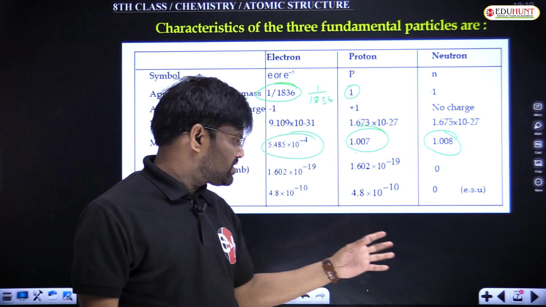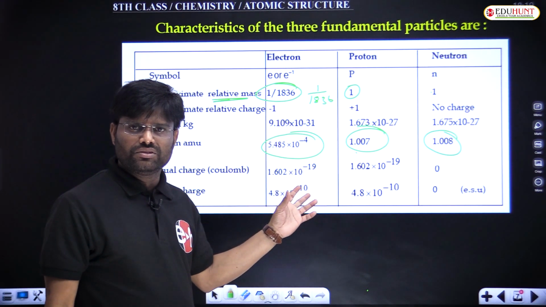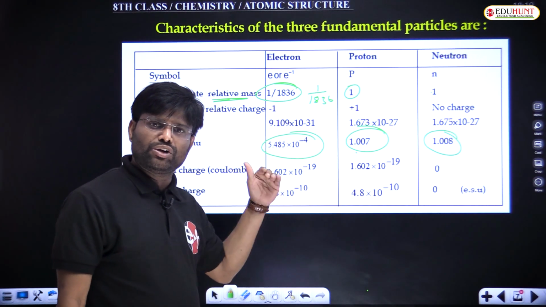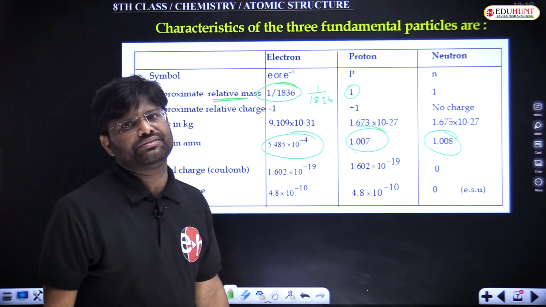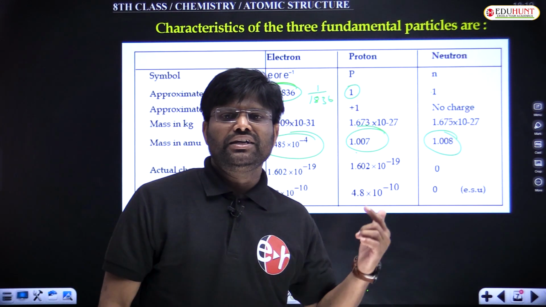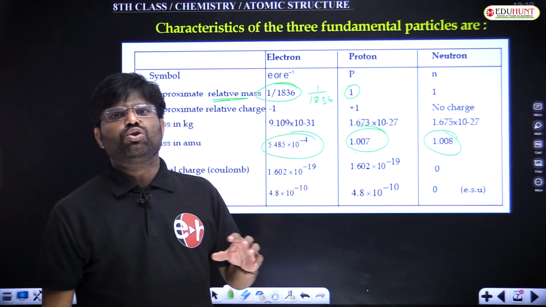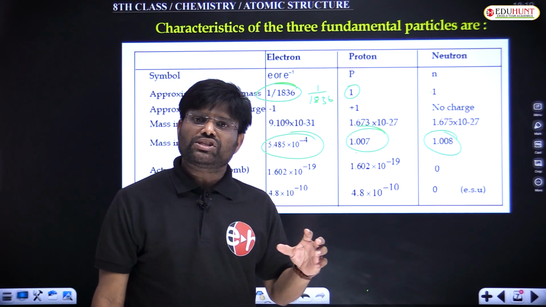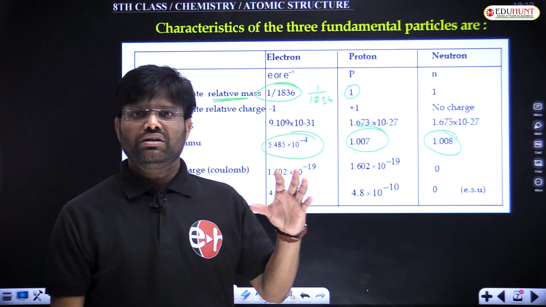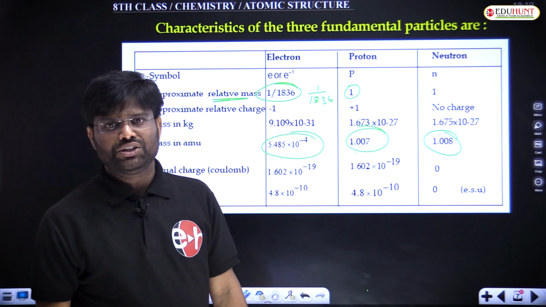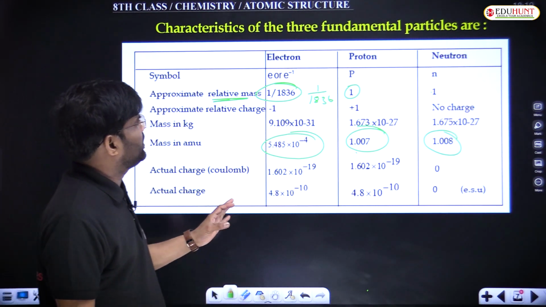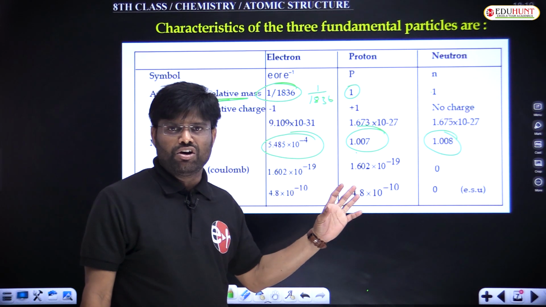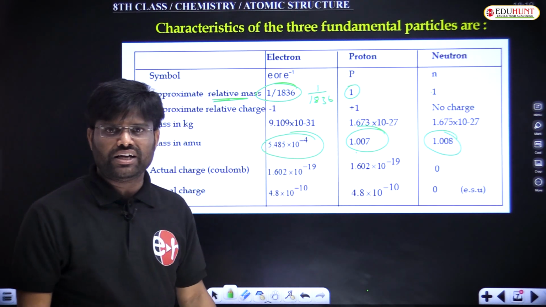And next, the charge of electron, proton, neutron, that is in coulombs and electrostatic units. Coulomb and ESU are units of charge. So this is about the fundamental or subatomic particles. How many? 3. Let's go to the next part.